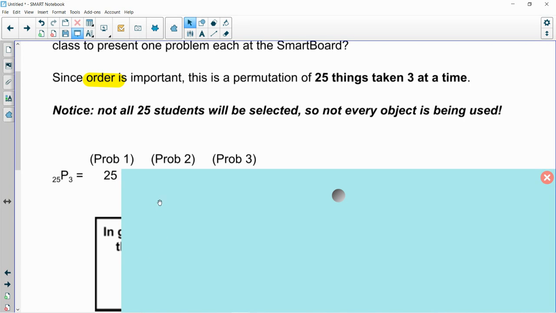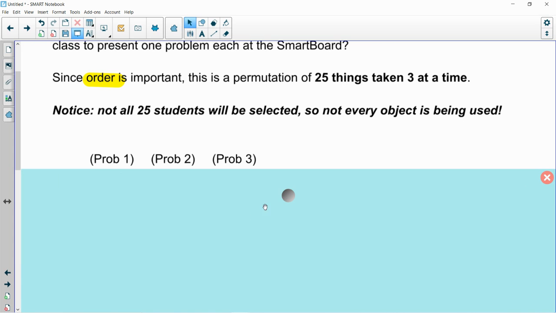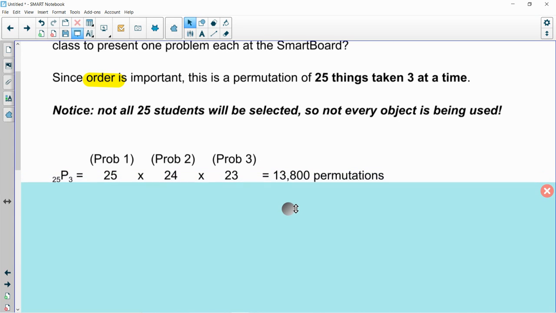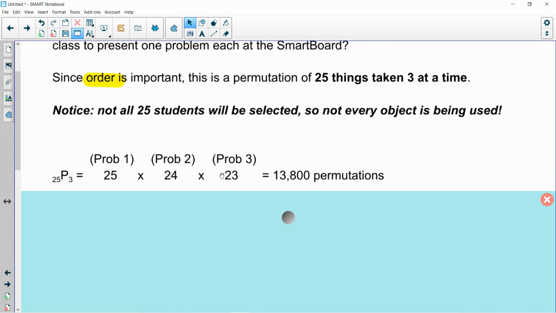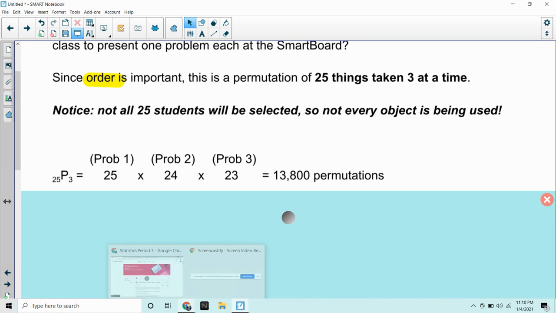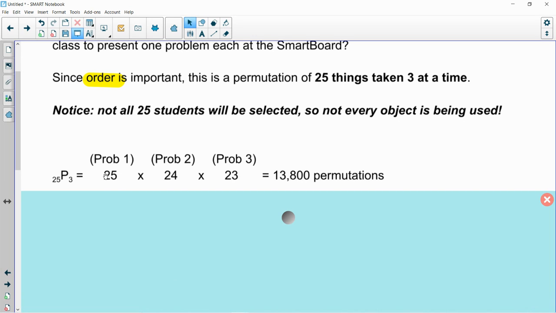Now for problem number 2, she only has 24 to choose from. And then when she picks another student, now she only has 23 to choose from. And that's all she needs because she is only selecting 3 students. So 25 choices times 24 times 23, she has 13,800 different permutations, or different arrangements, of 3 students that she can select from the 25 in the room.